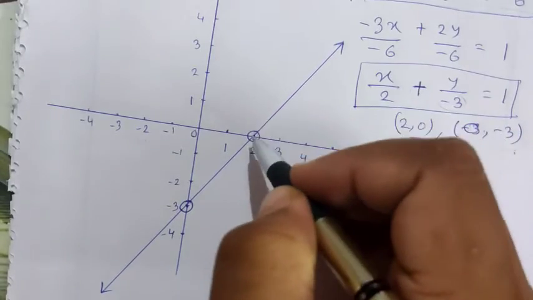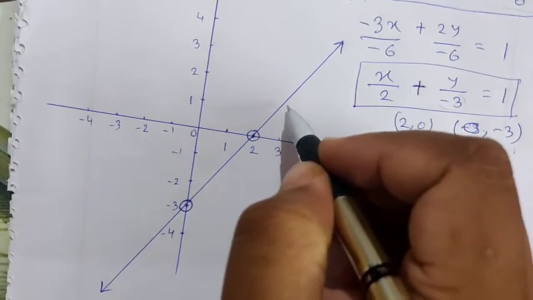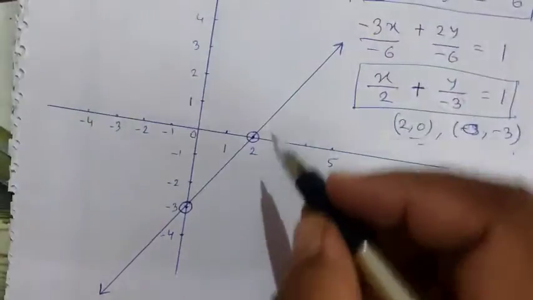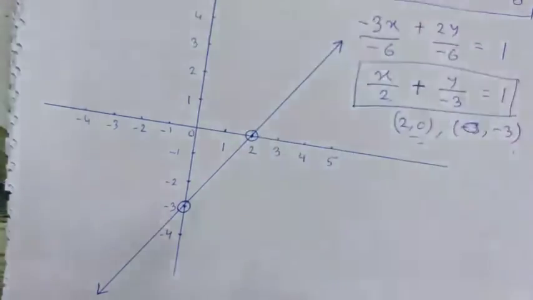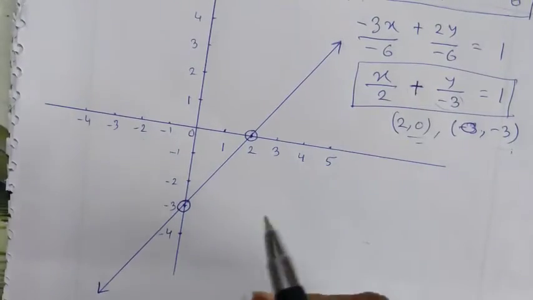Now since it is not a vertical straight line and it is an oblique straight line, the upper portion of the straight line will be called the upper half of the plane and the lower portion will be called the lower half.